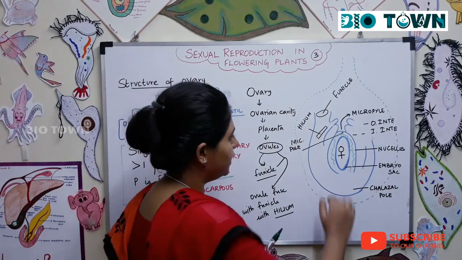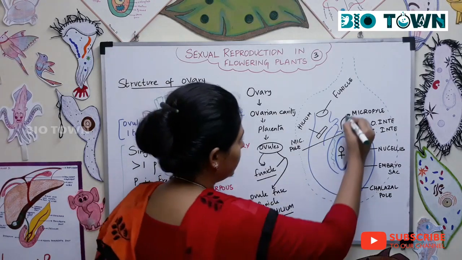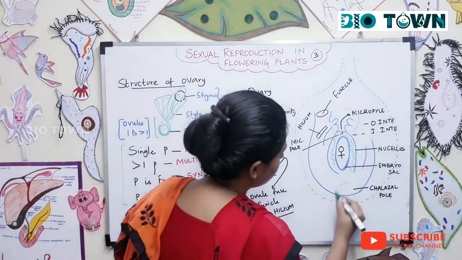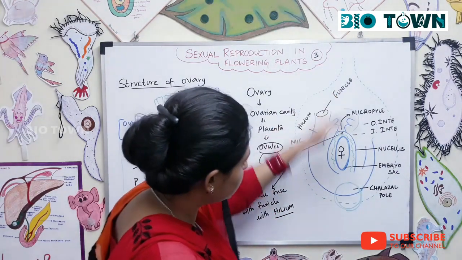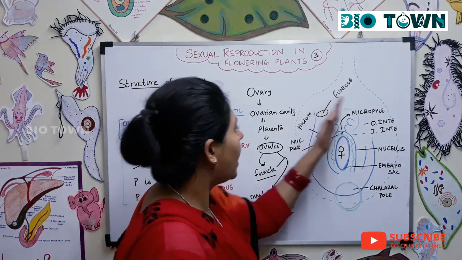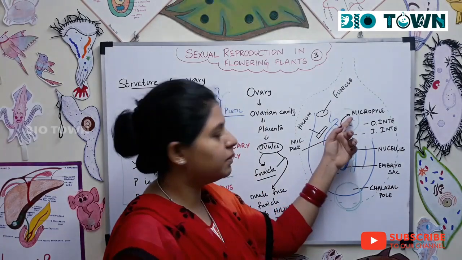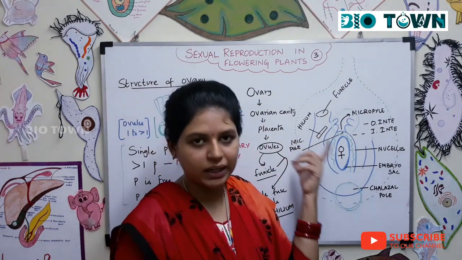Now this whole structure of an ovule has two poles. The bottom pole, which is right opposite to the funicle, is the chalazal pole, and the one adjacent to the funicle is the micropyle, and you call it the micropylar pole.